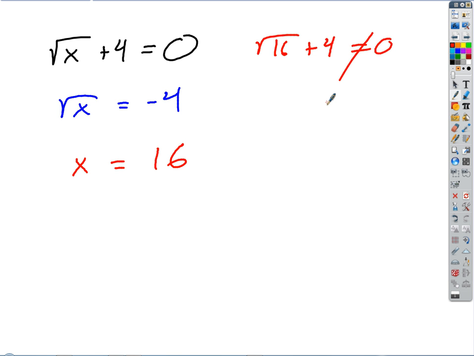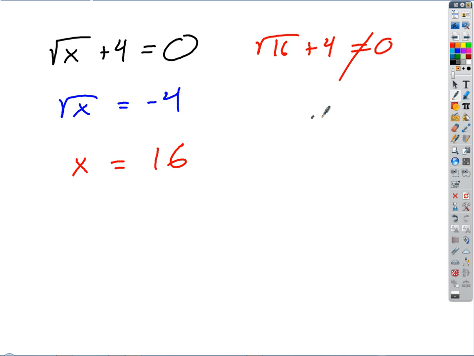Doesn't work. And we can see that if we were to graph this thing. Let's graph the square root of x, and then let's graph the function -4 and see where they cross. Because that's a strategy, isn't it? If I graph both sides of an equation, the intersections of those graphs represent the solutions of the equation, right?